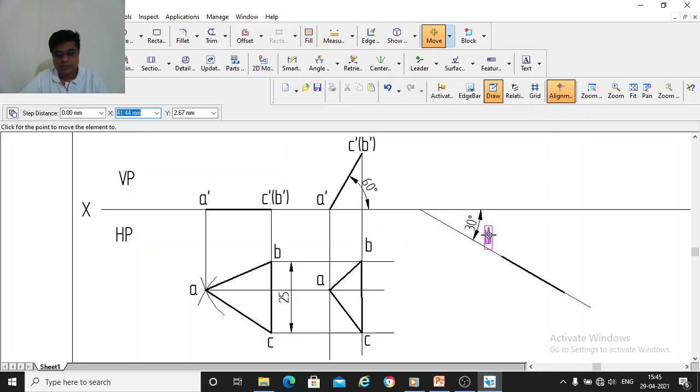So this point is B now. And what is this point? This point will be C. So this B you have done here. So this edge BC you draw it here at 30 degrees line. So this will become C now. So this is C. Write it here. So this BC is here now.